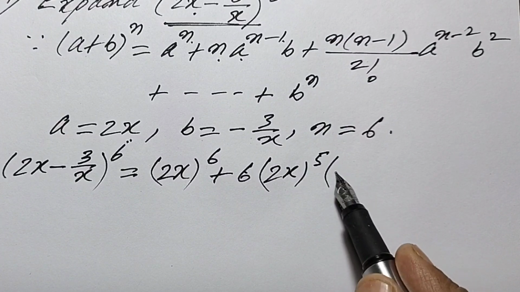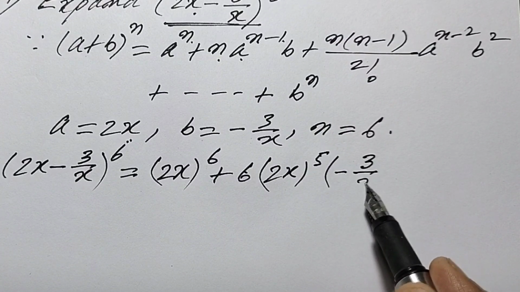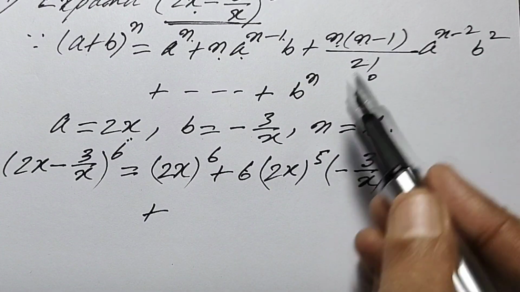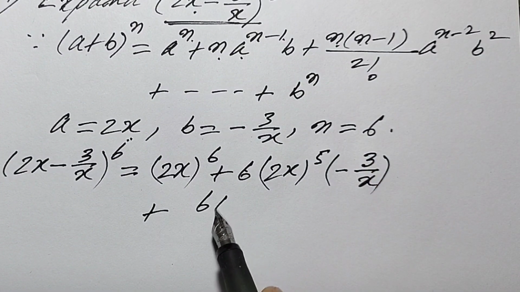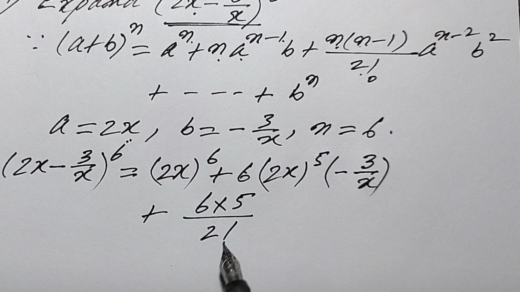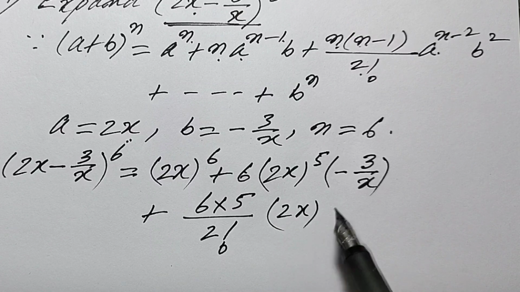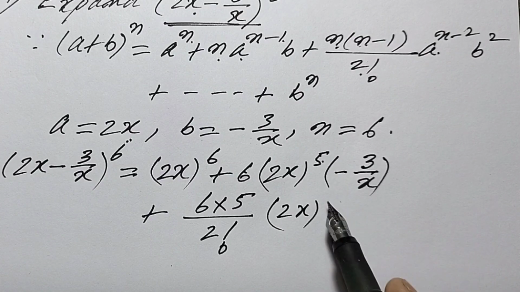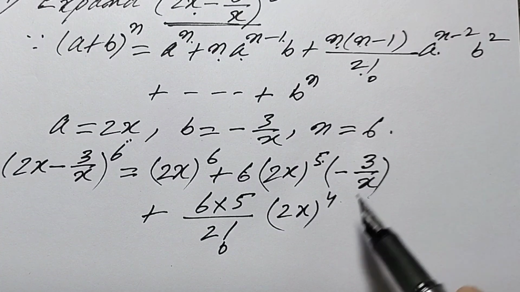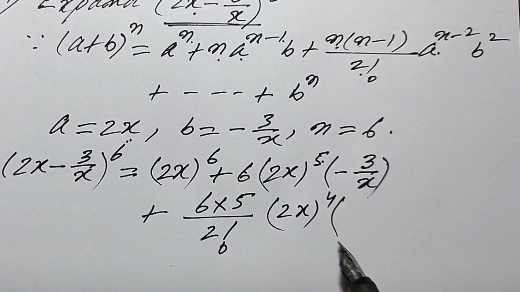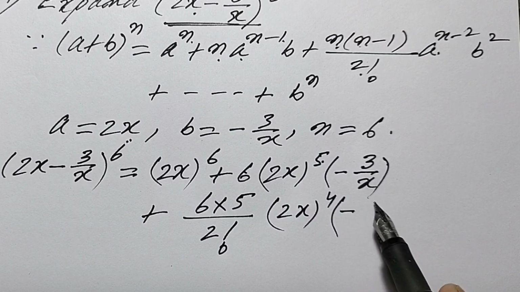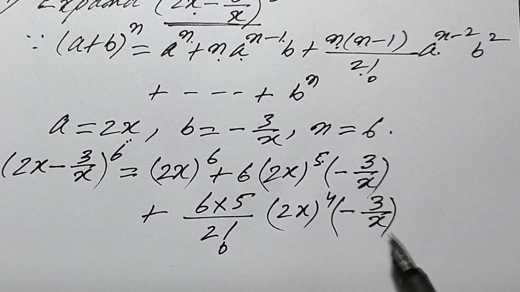Plus in the second term, n(n minus 1), that is 6 into 5 upon factorial 2, a is 2x and the power will decrease by 1, so it becomes 4, and b is minus 3 upon x and its power will be square, that means it will increase in every term by 1, so now it becomes minus 3 upon x whole square.